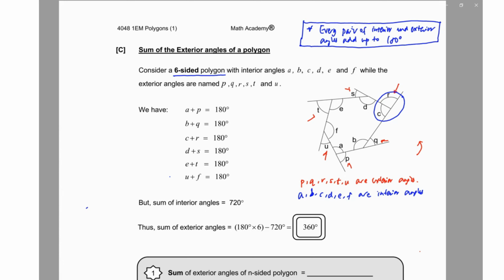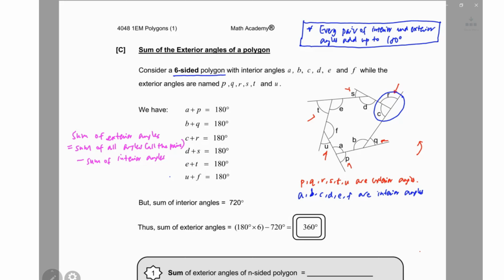To find the sum of exterior angles, I shall take the sum of all the angles, meaning all the pairs of angles that you see here, minus away the sum of interior angles.